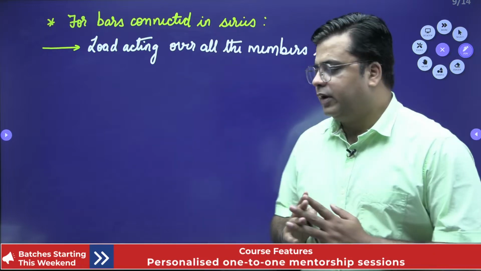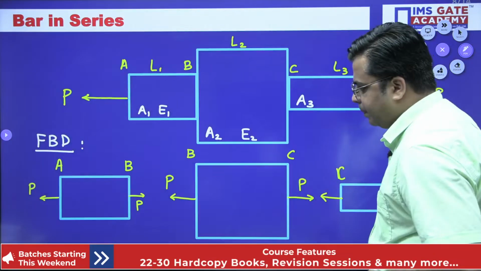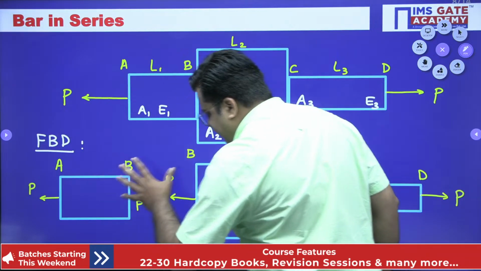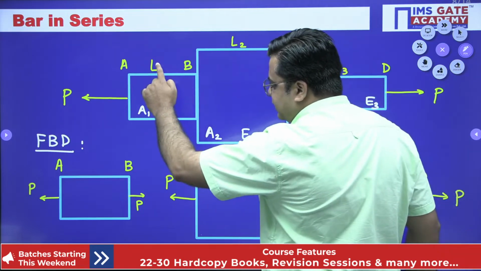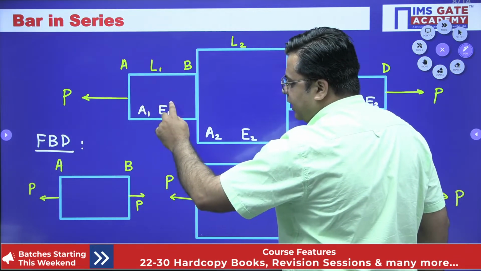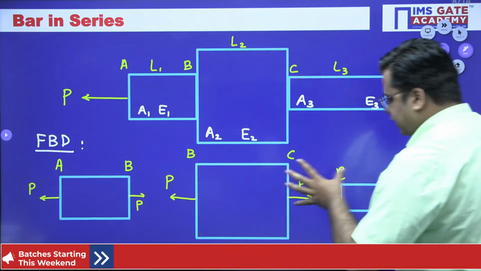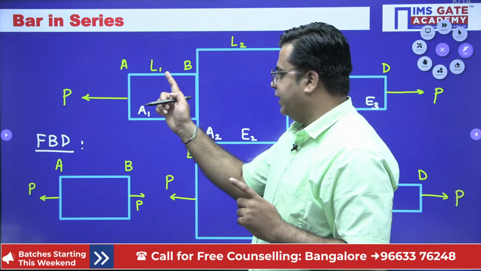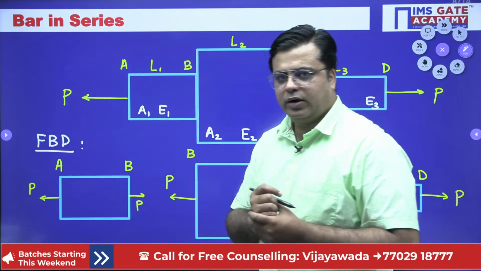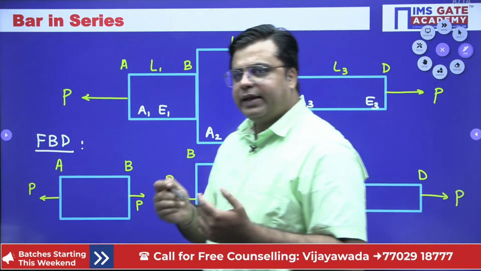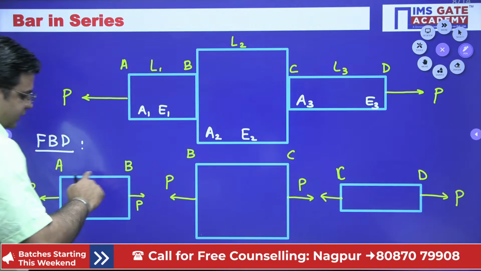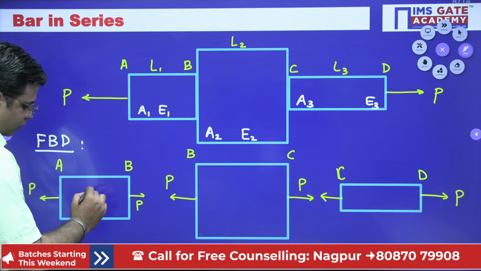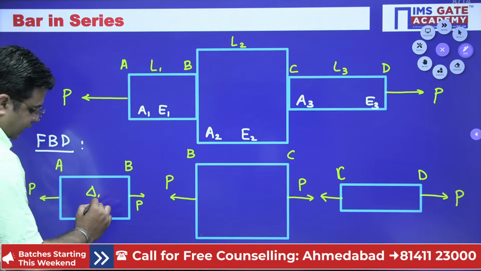Okay. Now observe these members again. These three members have different lengths, different areas of cross section and different Young's modulus. So when we calculate the amount of deformation member AB will undergo, it will come out to be delta AB.